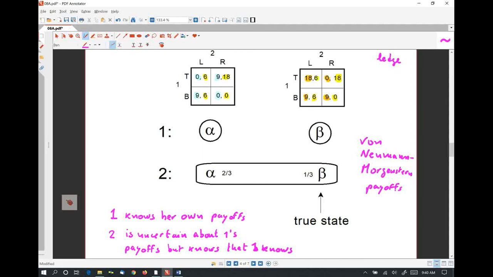Now, for completeness, it's important to say what game is actually being played, right? But surprisingly, it's an element that is missing from Harsanyi's theory of incomplete information.